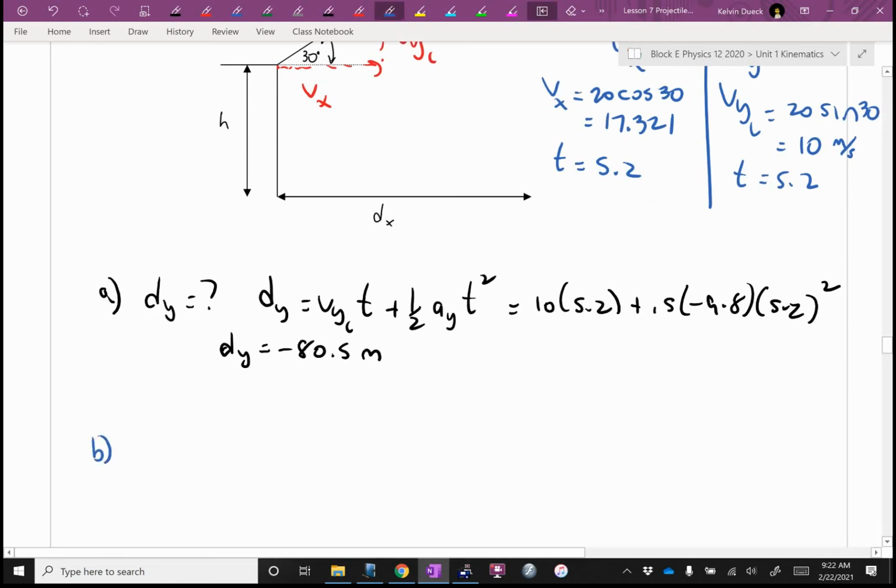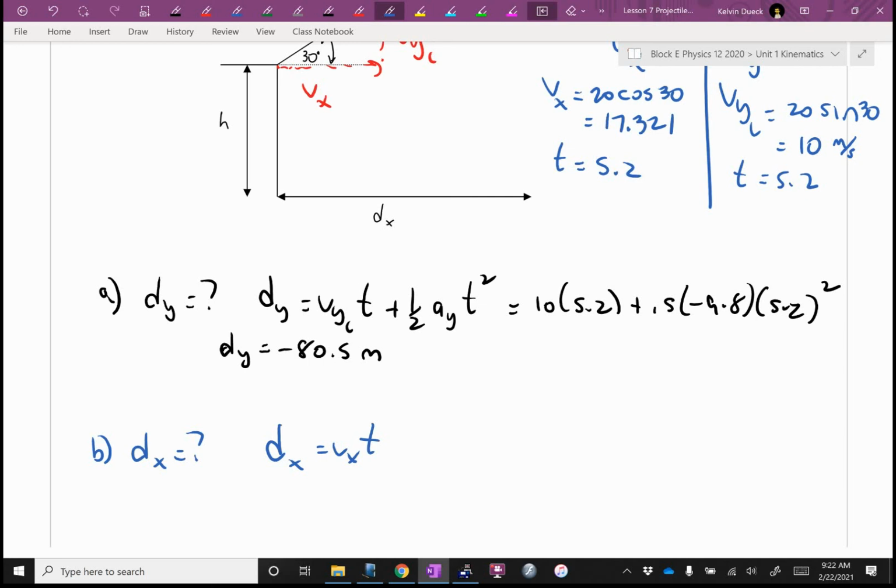What's B want me to find? I guess the range, dx. Hey, that's going to be dx equals vxt, yes, plus a half at squared, but horizontally, what's a? 0, okay? And again, I think I mentioned this the other day, but can you see how tempting it would be to put a 9.8 there? Because I don't know the acceleration, I'm going to put something there.